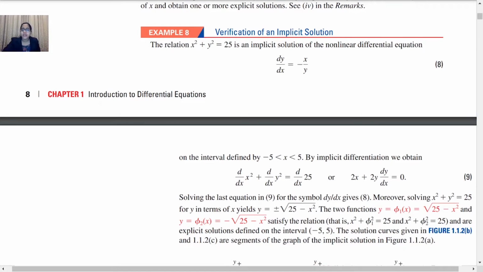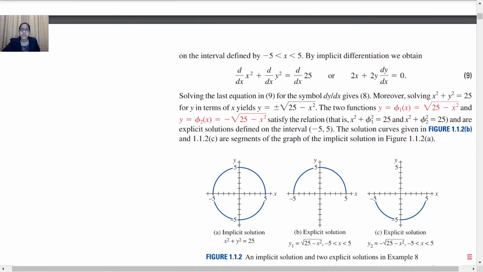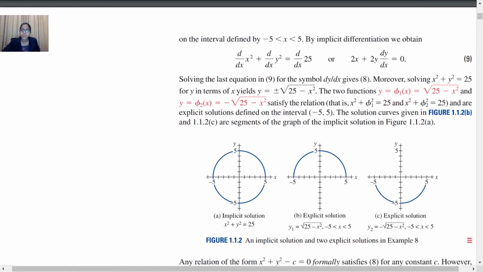Now figure 1.1.2 depicts the different solutions also. An implicit solution and two explicit solutions are given. The implicit solution is x² + y² = 25.